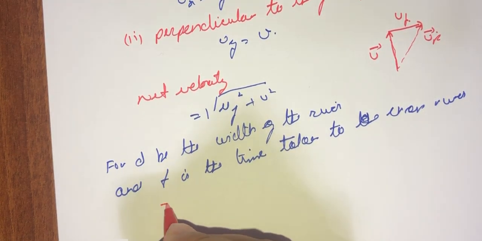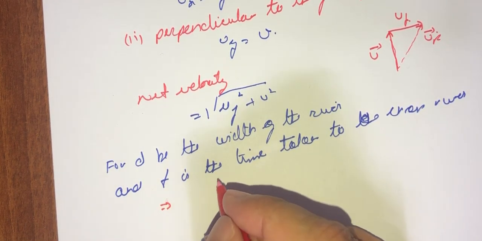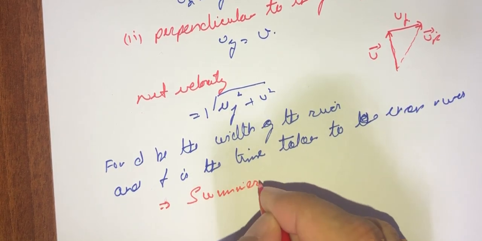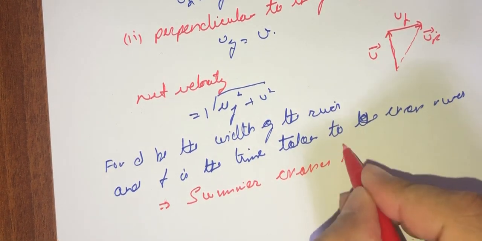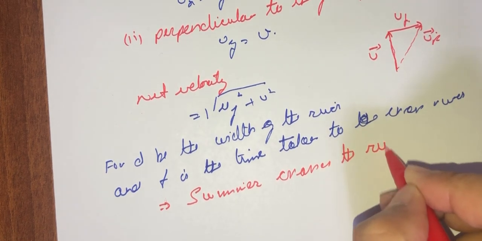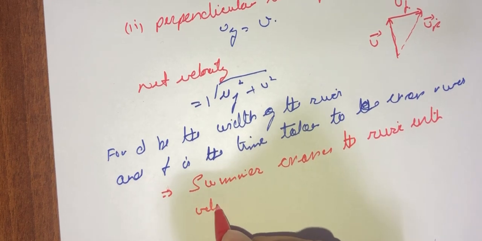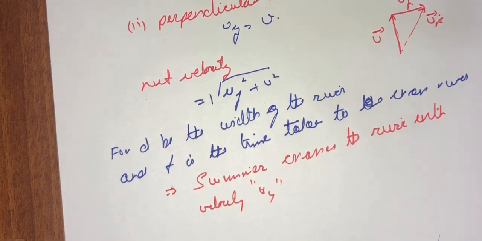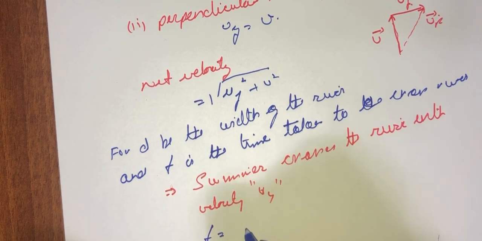So this implies that the swimmer crosses the river with velocity Vy. So the time taken t will be d divided by Vy.